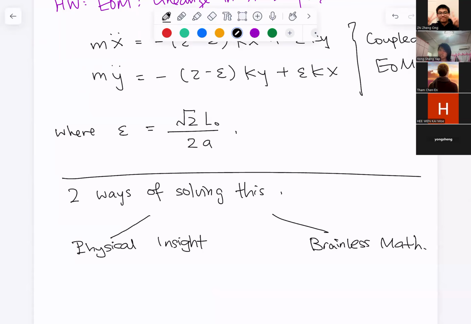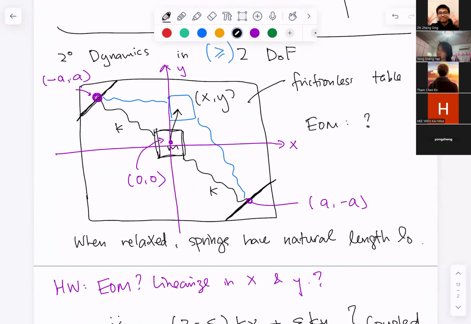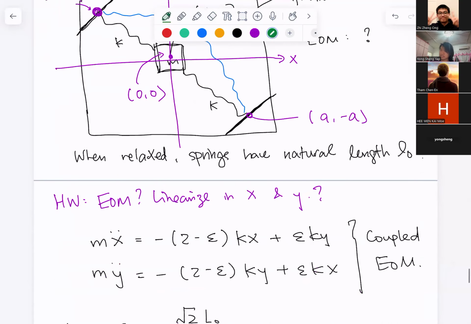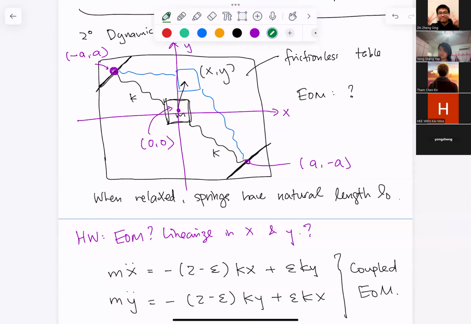I think it's always nice to look at the physical insight a little bit more. So if we look at this system, what do you think was the thing that gave us these very nasty equations of motion? Does anyone have an idea of why this is the case?